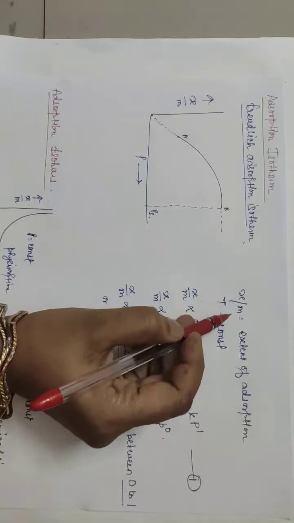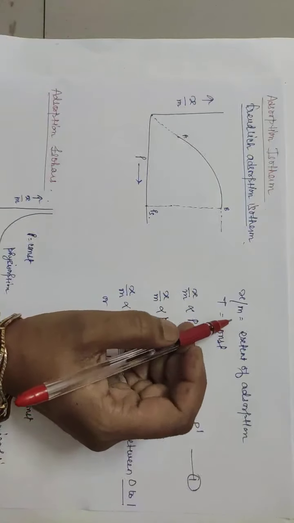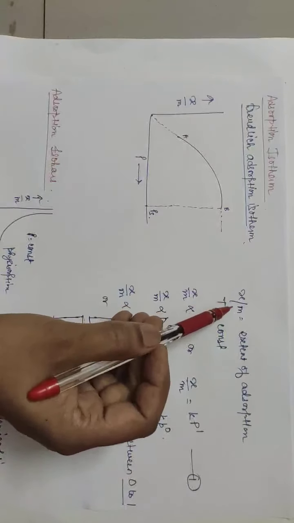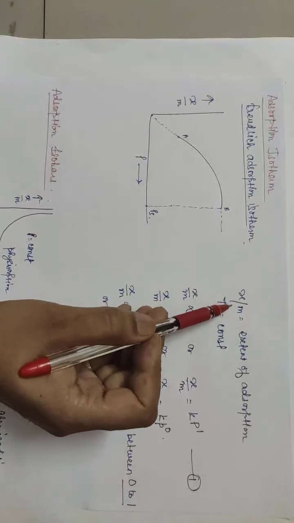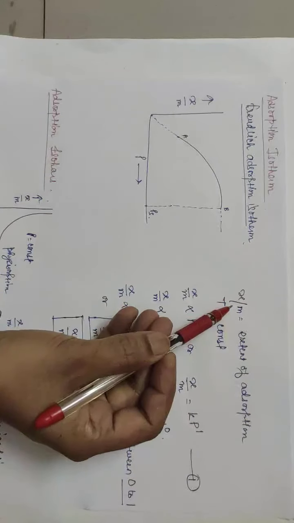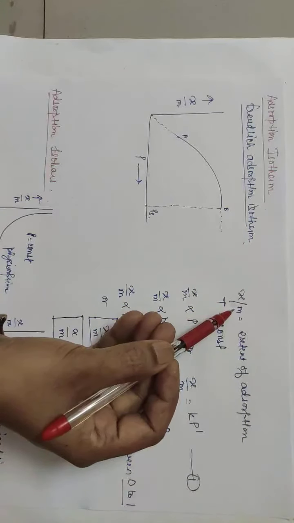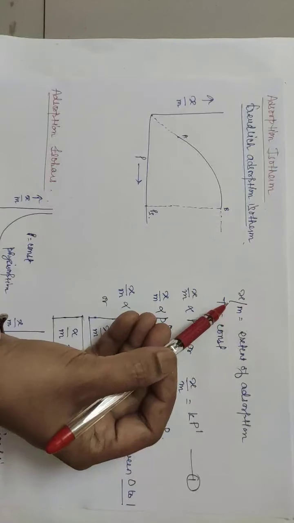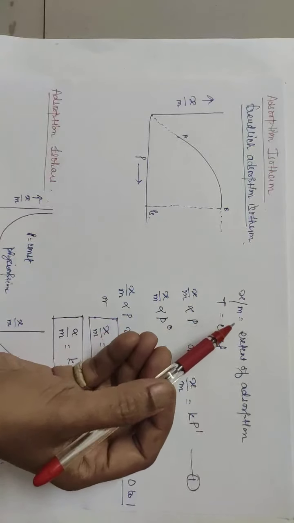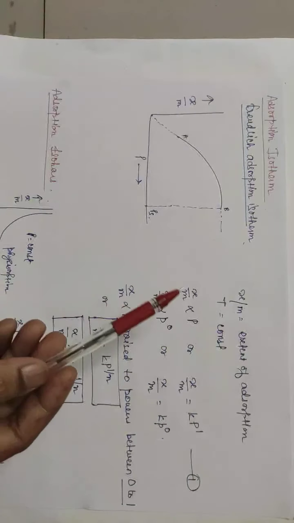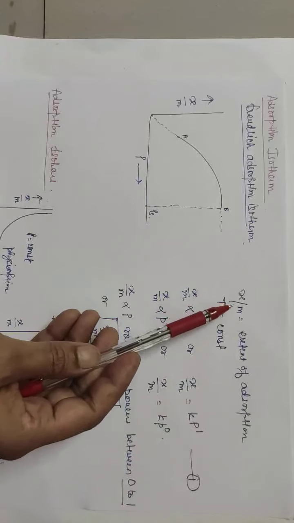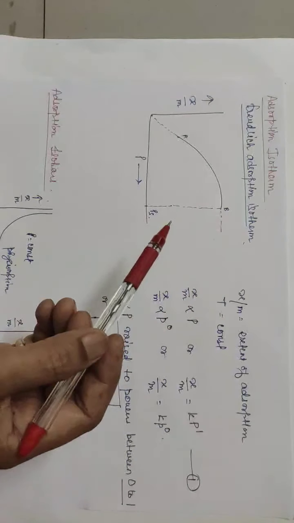It is the extent of adsorption, taken when equilibrium has been attained. Thus x by m is the mass adsorbed per gram of adsorbent. It is also known as the specific surface area of the adsorbent.